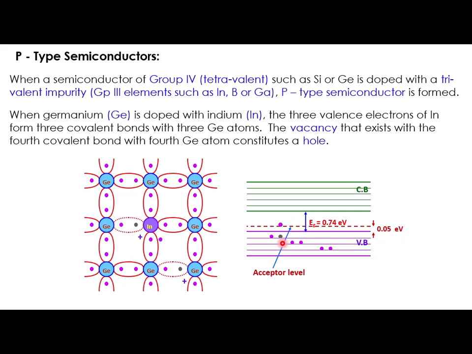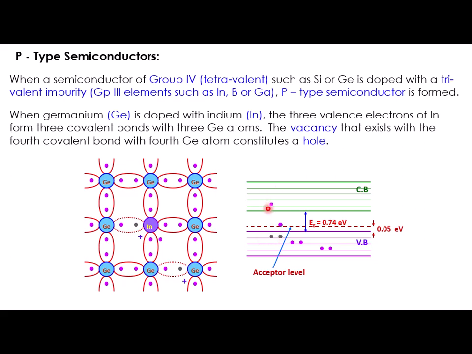But this is not the only possibility. The other possibility is that one electron may get excited from the valence band directly to the conduction band, and in that case there will be a corresponding hole in the valence band.